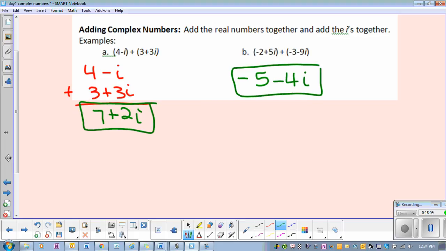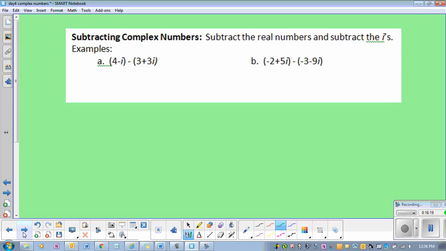Pretty good, right? And now we subtract. Subtracting is basically the same thing, except you have parentheses and you have a negative in front. What do you need to do? Good. Distribute the negative.